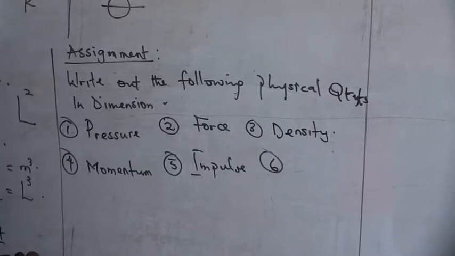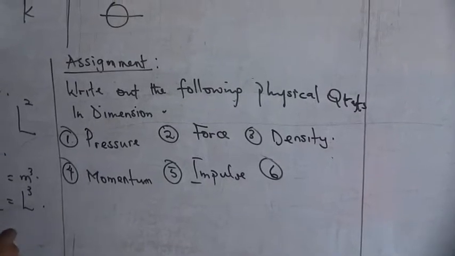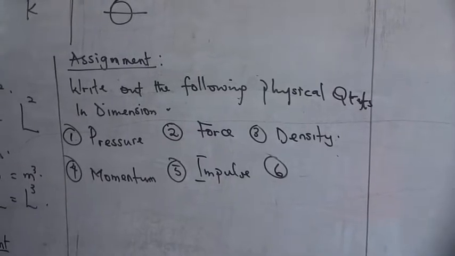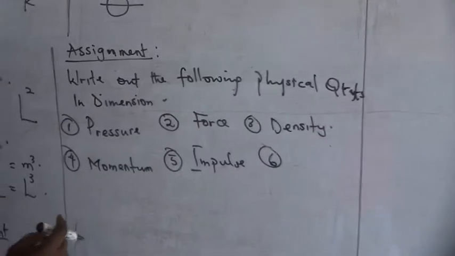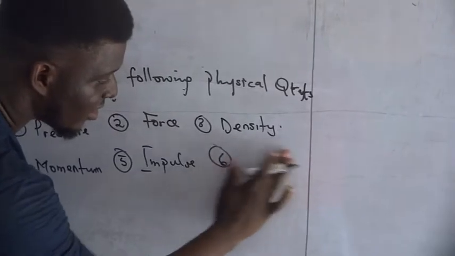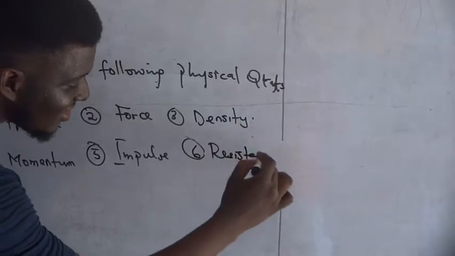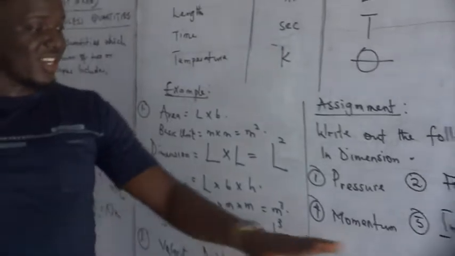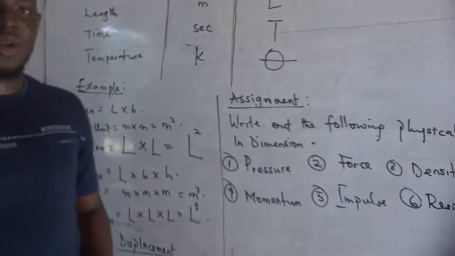I would like to make it a little bit difficult, but it's not difficult, mind you. So we have impulse, speed, okay, let's take this down, resistance. This one is a little bit tricky, but it's still not difficult. You can take your time to actually answer.